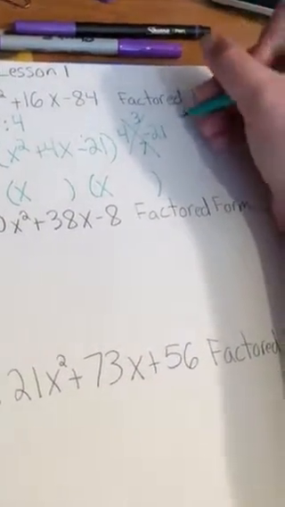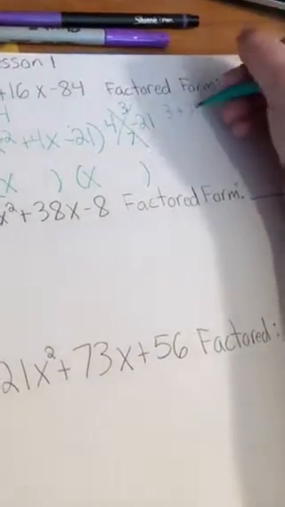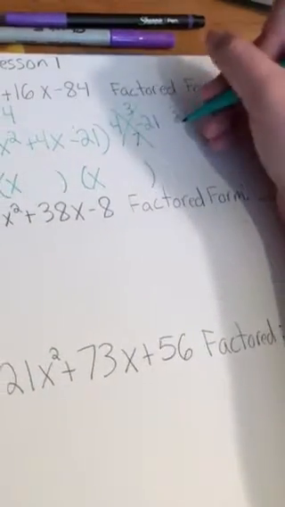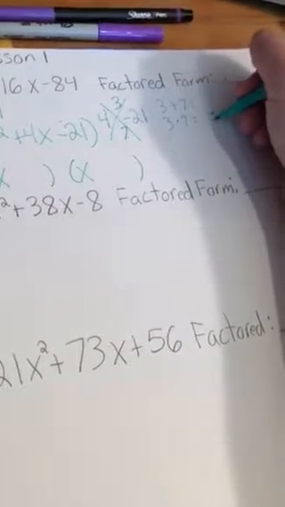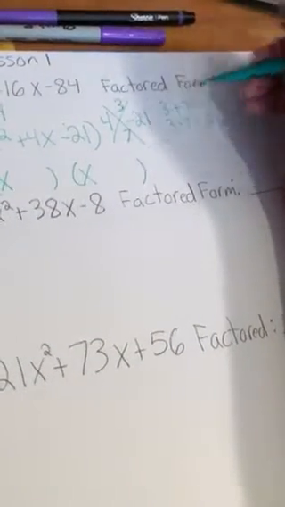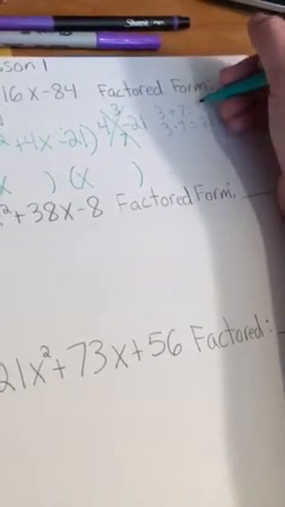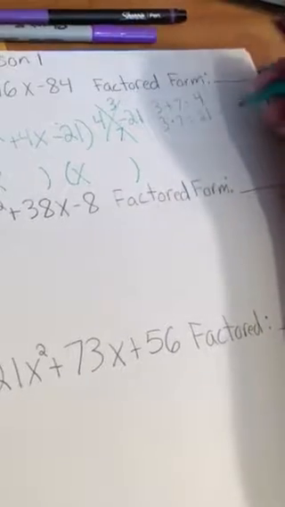3 plus 7 does not give us 4. So what we want to do is come over here and say, at this point right now, we have a 3 plus 7. We also have 3 times 7, which gives us 21. 3 plus 7 gives us 10, my bad. But that's not what we want. We want 4.